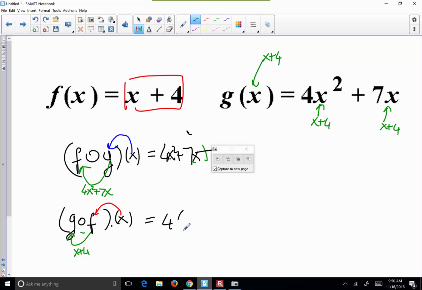So this is it, 4 times x plus 4 squared plus 7 times x plus 4. This is acceptable, but if you want to continue, you need to FOIL this square, like x plus 4 times x plus 4, and distribute this. If you want to continue, this is optional. Combine like terms and numbers, etc. But this is fine.